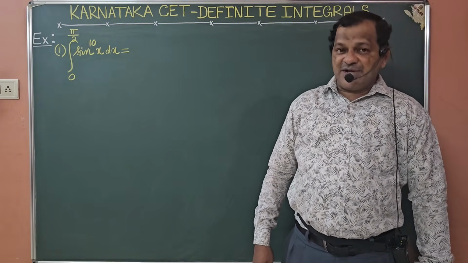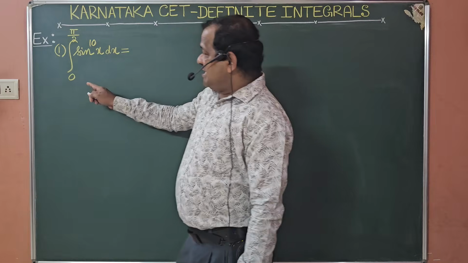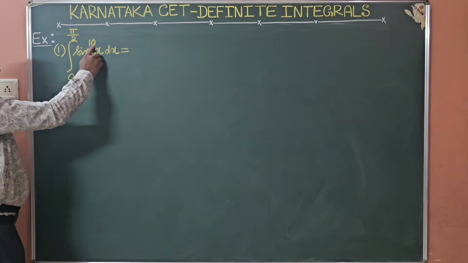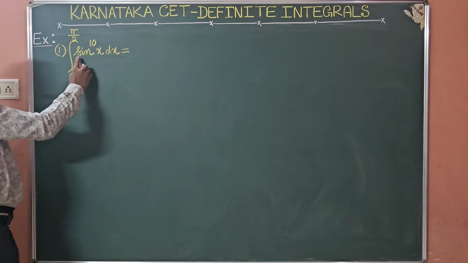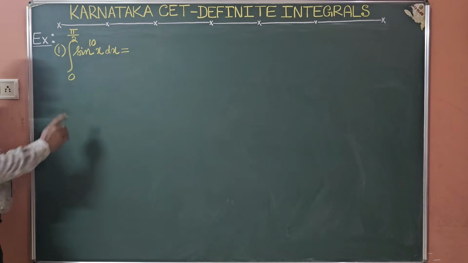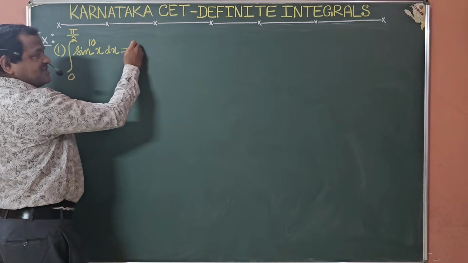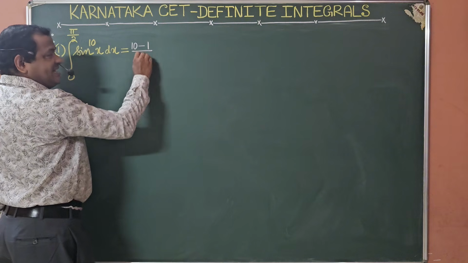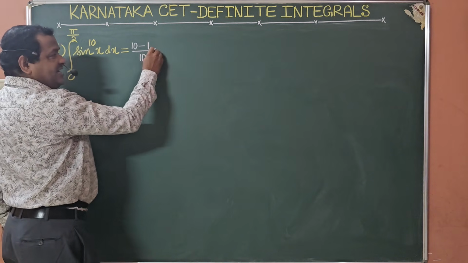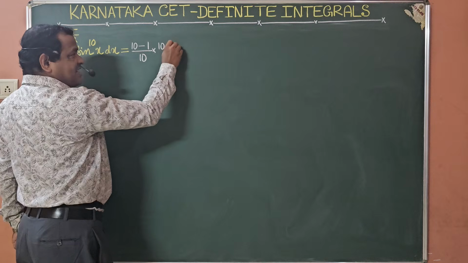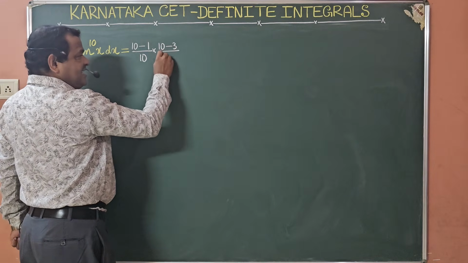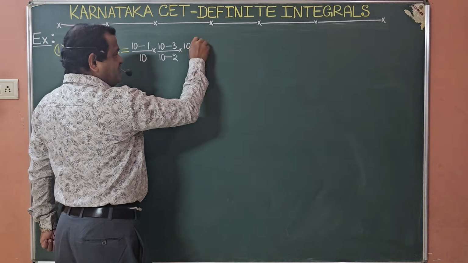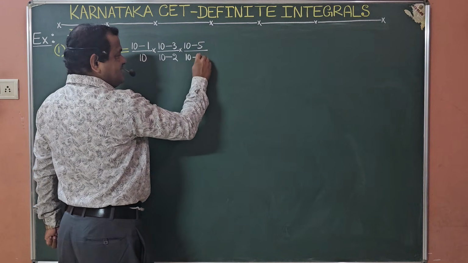Observe the video carefully. For example, the first one: the lower limit is 0, the upper limit is pi by 2, and n is 10. 10 is an even number. Sine power 10x dx. Since it is an even number, the first ratio, n minus 1 by n, is 10 minus 1 by 10, into 10 minus 3 by 10 minus 2, into 10 minus 5 by 10 minus 4.